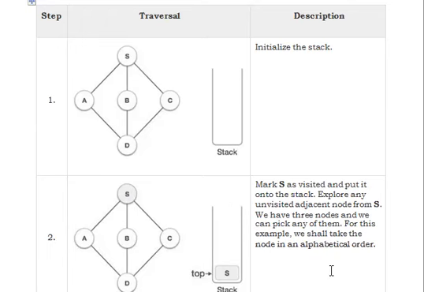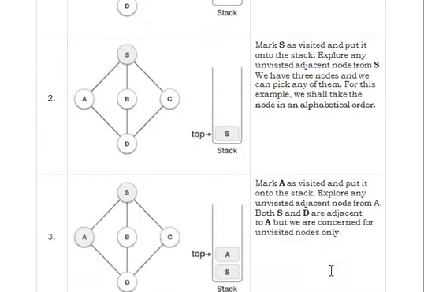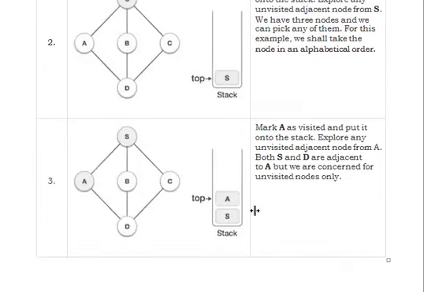So we can take the nodes in alphabetical order one by one. In the third step, we take A, visited as A, and we put A into the stack and explore unvisited adjacent nodes from A.